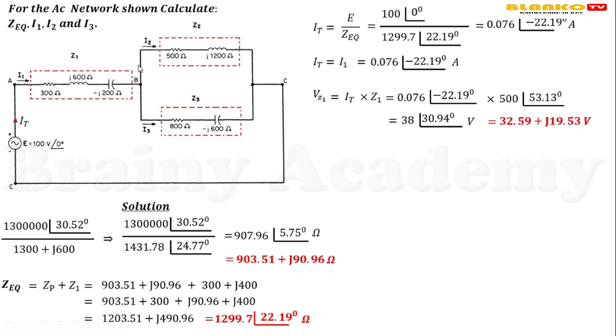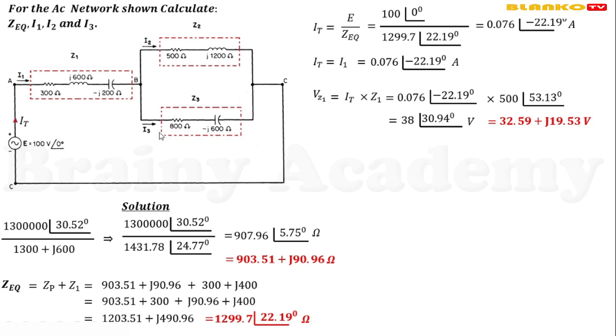So let's now find the voltage across the parallel network, that is the voltage across Z2 and Z3. I hope you're following the calculation. First, we found the voltage across Z1, which is 38 angle 30.94 degrees or 32.59 plus j19.53 volts.